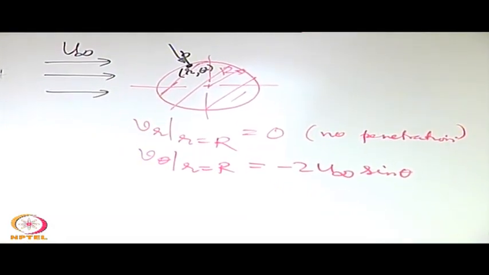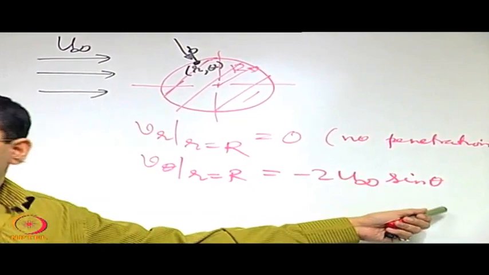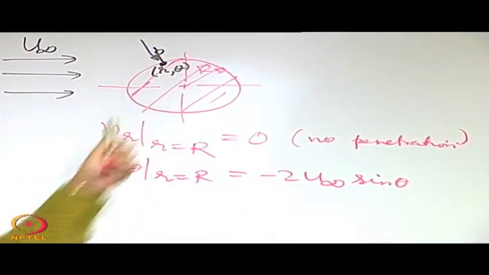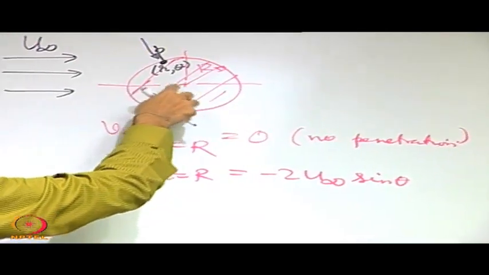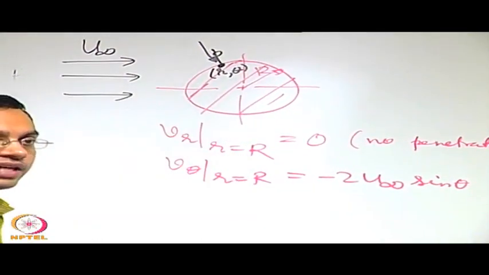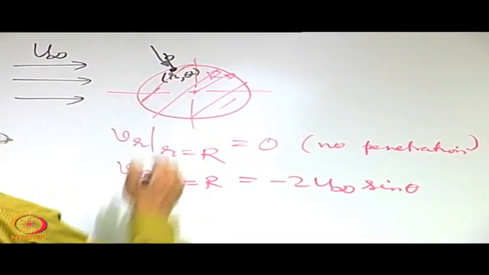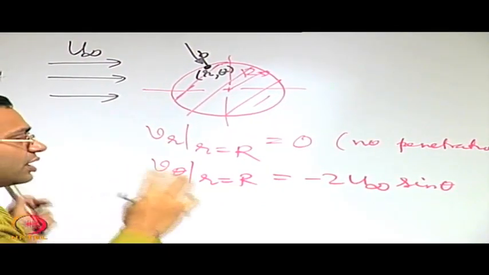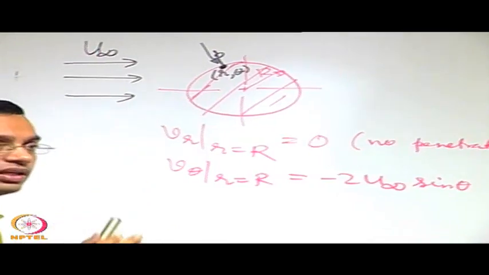Since theta is even, 180 degree minus theta, if it is replaced it is the same. So it does not matter whether you choose theta in the proper polar coordinate sense or you choose theta from the left hand side sense, all the same. So see, because it is an irrotational flow and all other conditions are for the Bernoulli's equation, that is incompressibility, all those things are there.